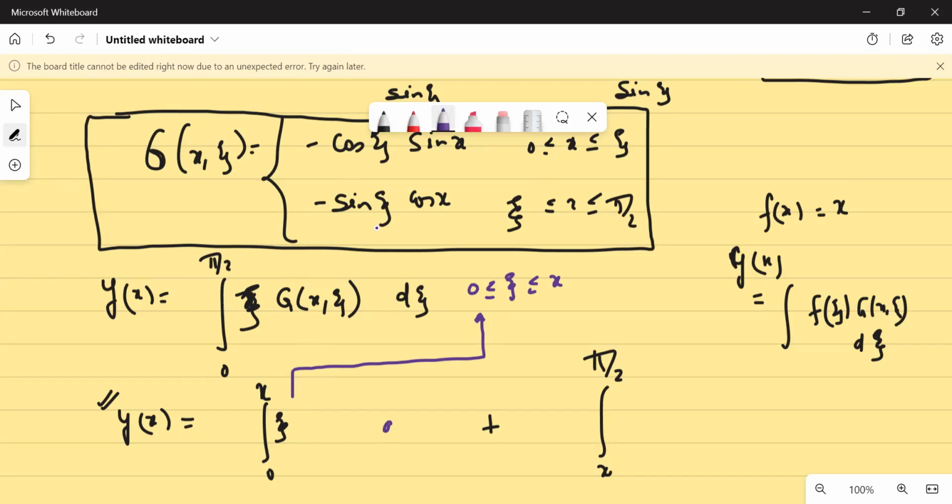So if I integrate with respect to zeta, these are the limits for zeta. It implies your zeta lies between 0 and x. If your zeta lies between 0 and x, it implies your zeta is less than x. And if zeta is less than x, then this is the definition that needs to be followed. See, zeta is less than equal to x. So I will simply write minus here, I will write sine zeta, and then I will write cosine x. Is that clear?